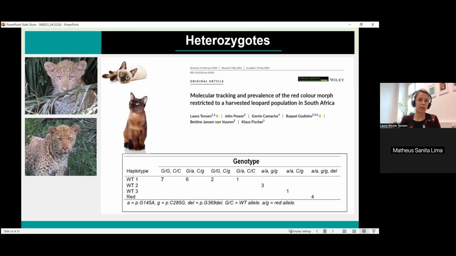And we know that with the red leopards, you can see on the left, there is a bit of variation in phenotypes. Some are much more white. They have even been confused with lions, and they have these bright blue eyes and this pink skin, whereas the red leopard on the bottom has brown eyes and is a bit darker as well. So it'd be interesting in the future to see what variation we see within this color variant.